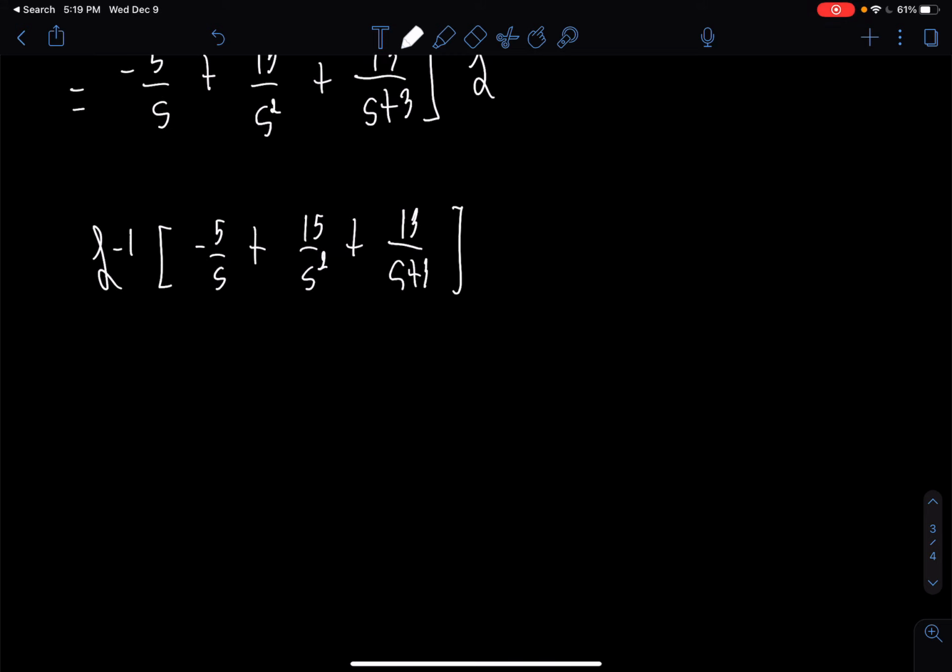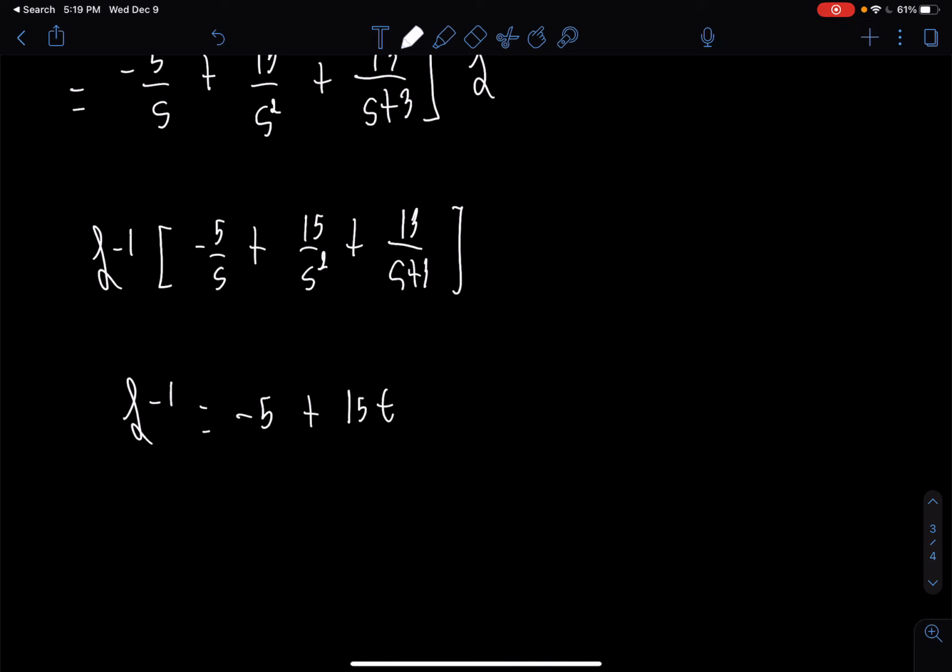Now we know that the Laplace inverse of negative 5 over S will just be negative 5. Now we have 15 over S squared. That's just going to be plus 15t.